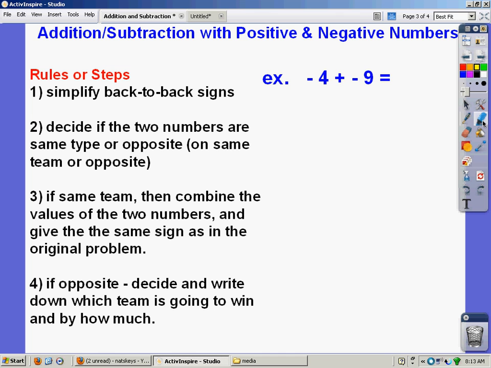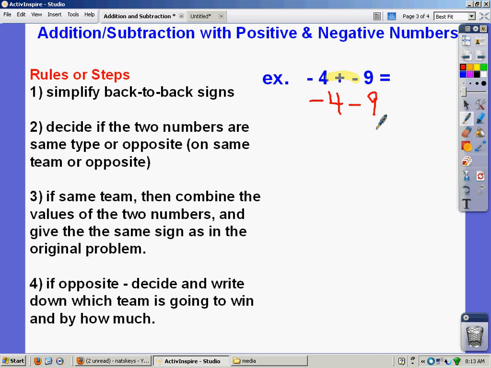Okay, I'm jumping on to the next example, and here I have -4 plus -9. Again, we have double signs in a row. I prefer not to deal with that, even though in this case it's not that difficult. The only way to simplify that is simply to rewrite it as -4 minus 9. Remember, it's only two negative signs in a row that make a positive.